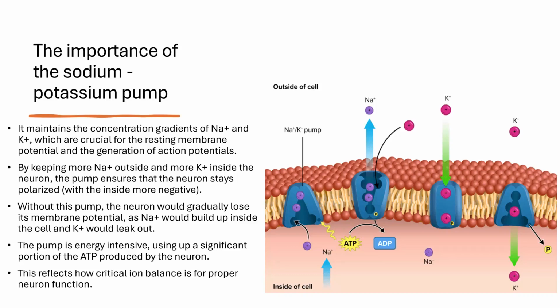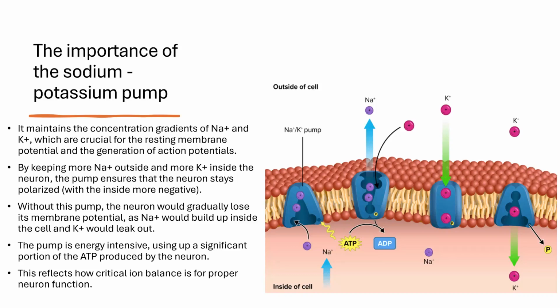Firstly, it maintains the concentration gradients of sodium and potassium, which are crucial for the resting membrane potential and the generation of action potential. By keeping more sodium outside and more potassium inside the neuron, the pump ensures that the neuron stays polarized. This means the inside is more negative.